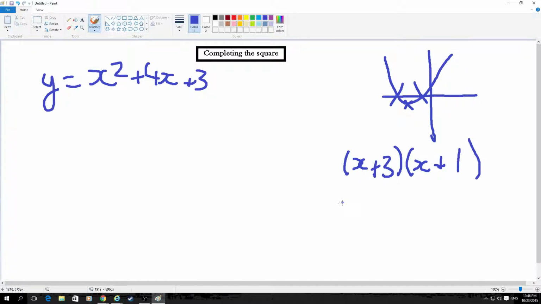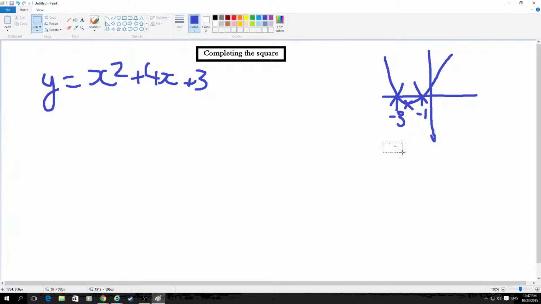That means x1 equals -3, x2 equals -1. -1 is there, -3 is there. That's how you work out where they cross the x-axis. Just normal factorizing, you work with x values and you work with 0, so that's where you cancel out.